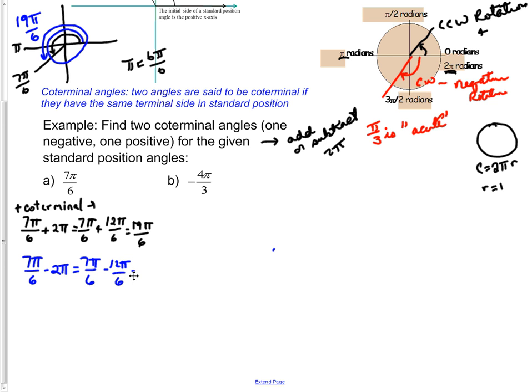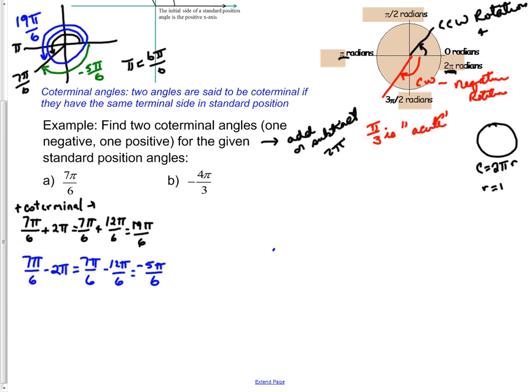And that's going to give us our angle of negative 5 pi over 6. In terms of rotation, negative 5 pi over 6 would be here, negative 5 pi over 6 in standard position. Again, it's coterminal because it terminates in the same position.